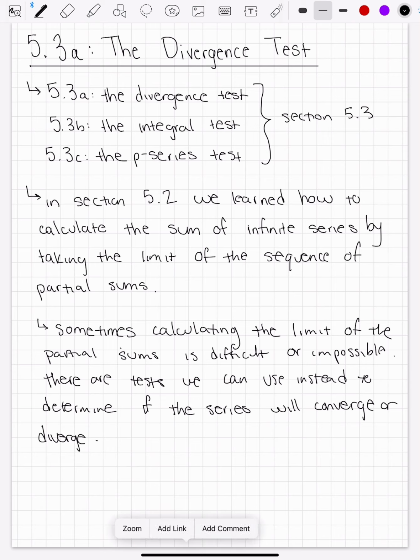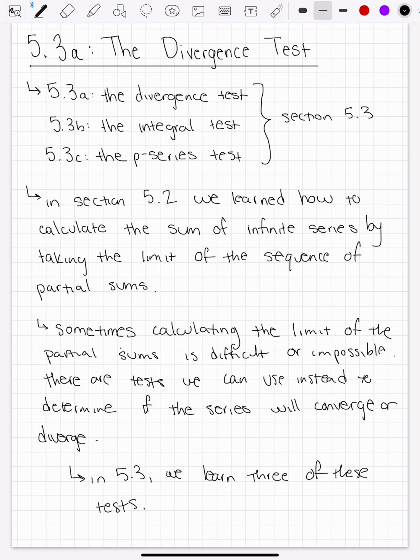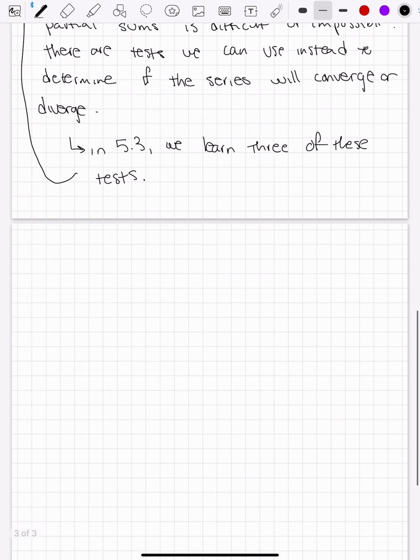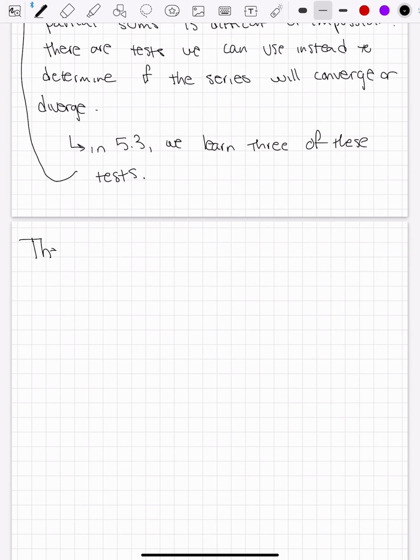In 5.3, we learn 3 of these tests. And just to make it bite-sized, I'm going to do them all in separate videos. So these are the 3 tests right here: the divergence test, the integral test, and the p-series test. So let's start by talking about the divergence test.